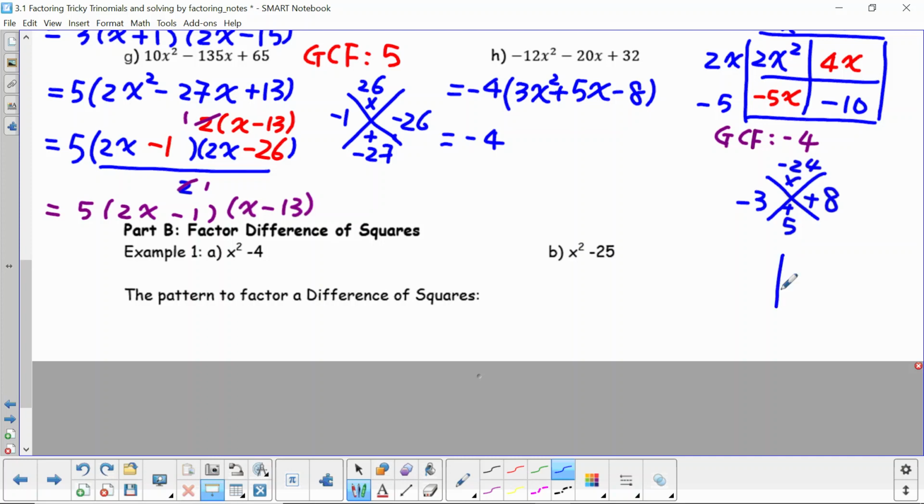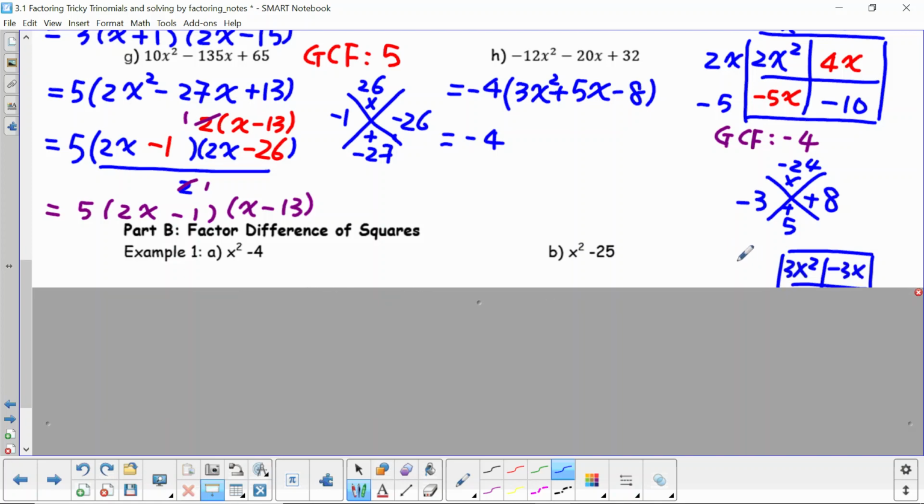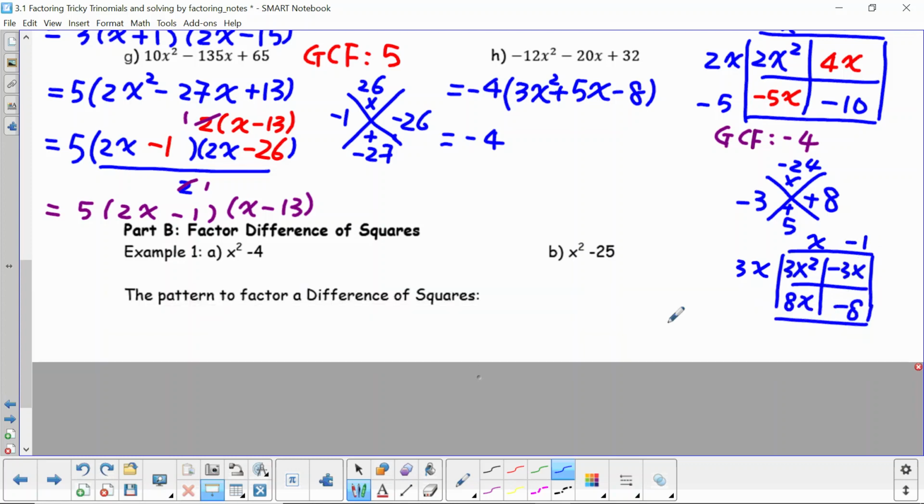So we could do the box method again. 3x squared, use the number inside the bracket. Minus 8, minus 3x, positive 8x, then factor the first row. 3x, x minus 1, then 8x divided by x gives you 8. So you have 3x plus 8, x minus 1. Check your answer.